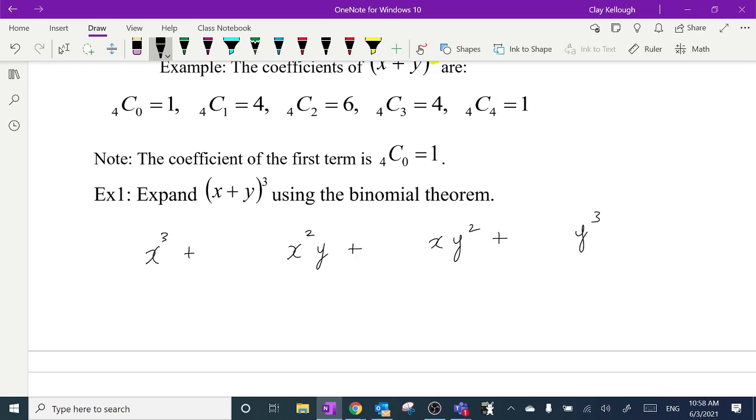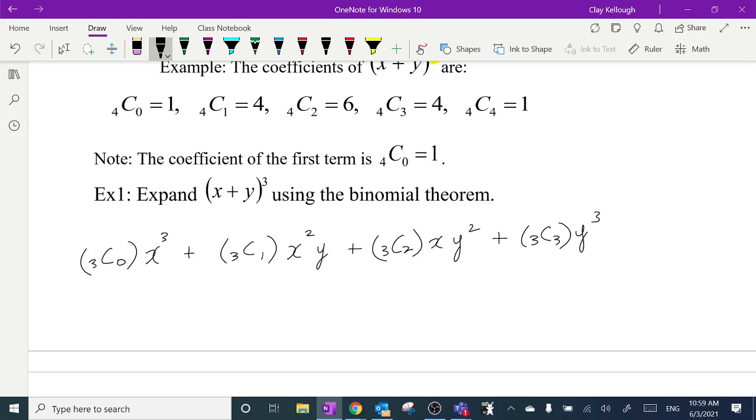Now, where do the coefficients come from? This coefficient will be 3 choose 0. This coefficient will be 3 choose 1. This coefficient will be 3 choose 2. This coefficient will be 3 choose 3. And what's 3 choose 0?